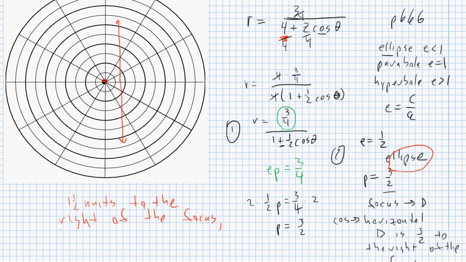And the directrix, D for directrix, is perpendicular to the polar axis, because the polar axis, of course, is right here, pointing to the right, always horizontally oriented, and you see that our directrix is like that.